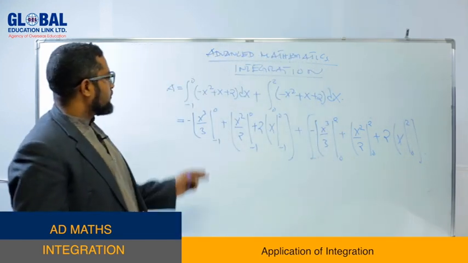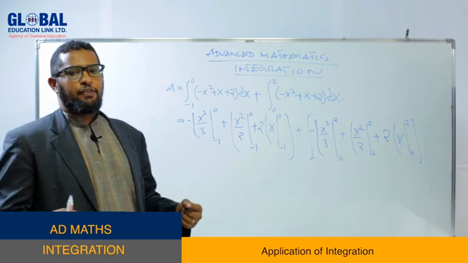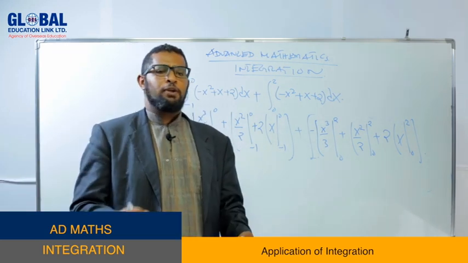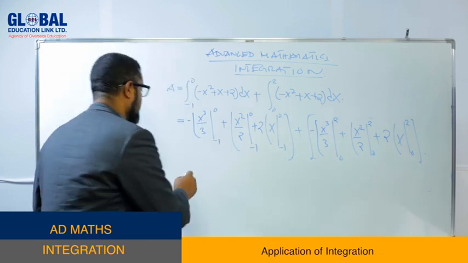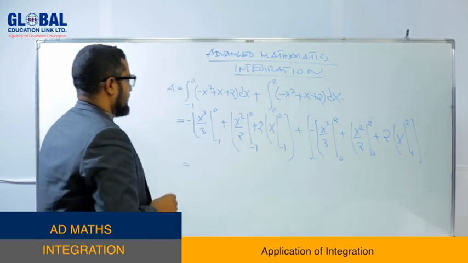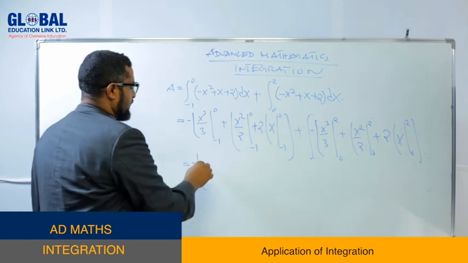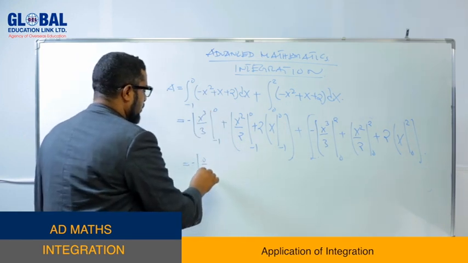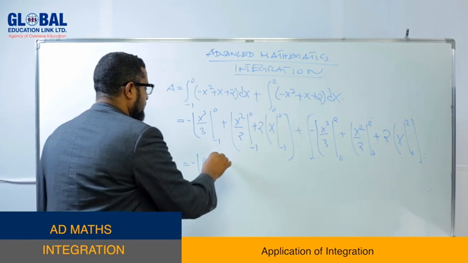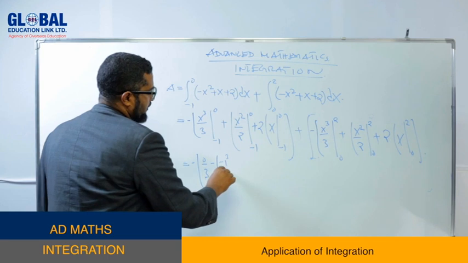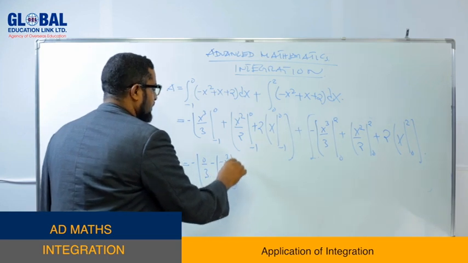Now it's time to substitute the limit and then simplify. After simplifying the two parts, you add them together, and you'll have the area that you are looking for. Now, negative out, so we are substituting the value. Here we'll have 0 over 3, then we minus, this negative will be negative 1 to the power 3 over 3.